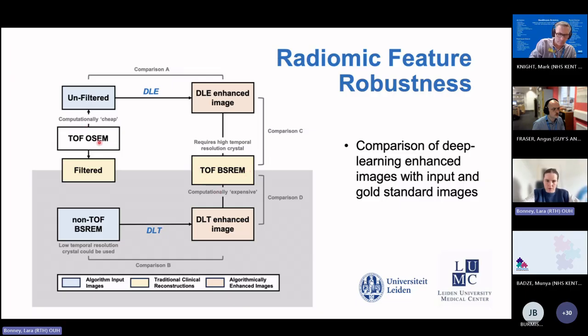So from essentially a relatively cheap reconstruction to a more computationally intensive output, with the aim that this is a computationally cheaper route to this better quality image. But we wanted to understand at the quantitative level, how are these images behaving? And we thought that with radiomics, we might be able to do this beyond, again, just SUVmax. Can we consider this more in the round in terms of the image texture?